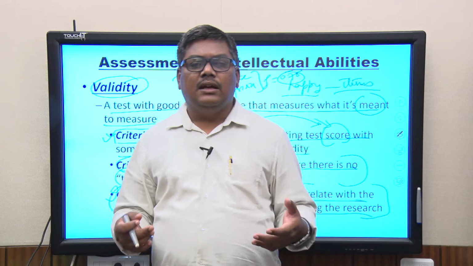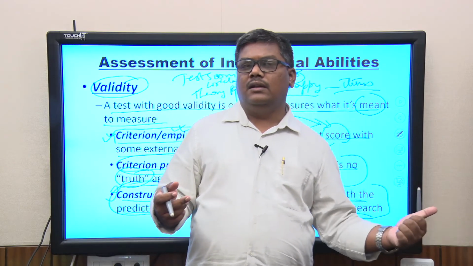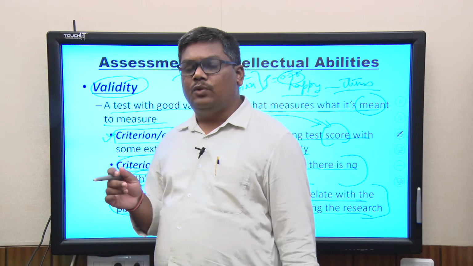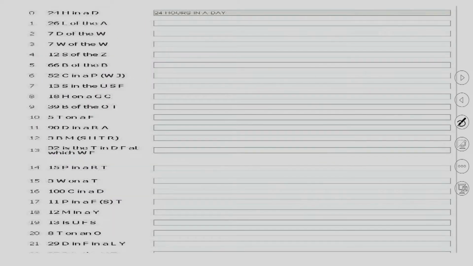So, these are the two factors of any test: first, whether it is reproducible and consistent or not, and second, whether it measures what it is supposed to measure or not.